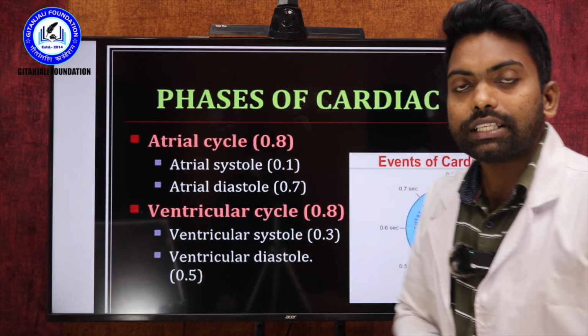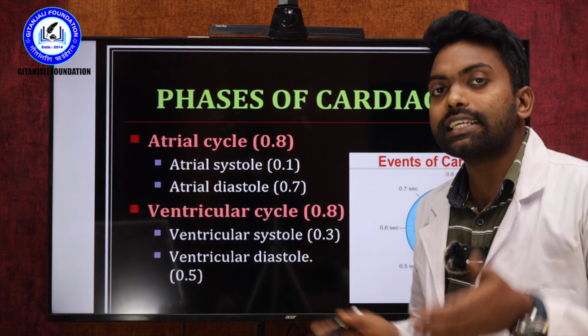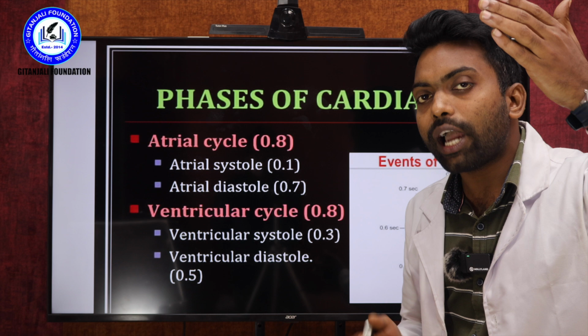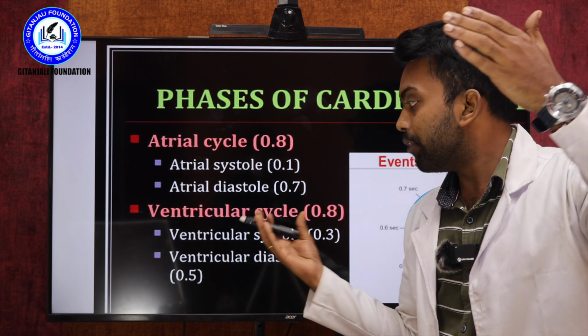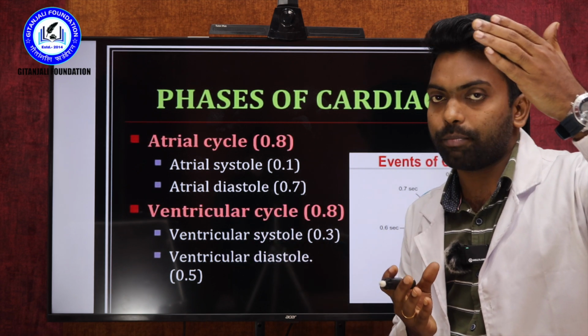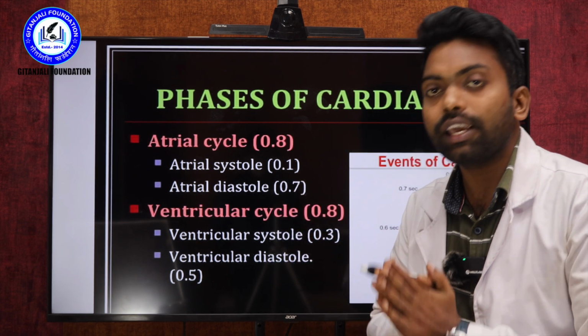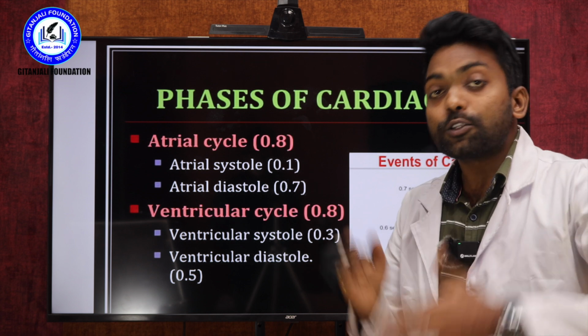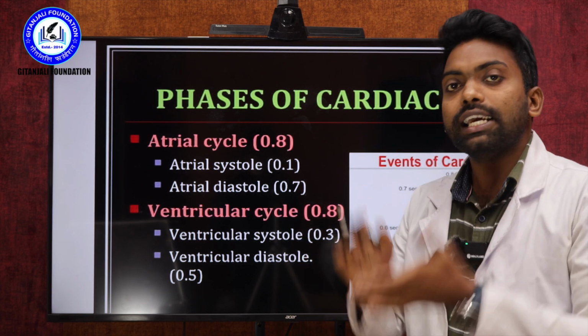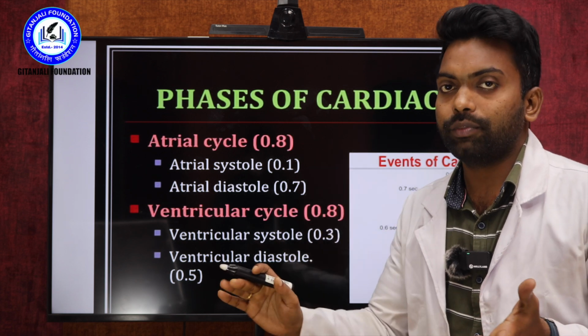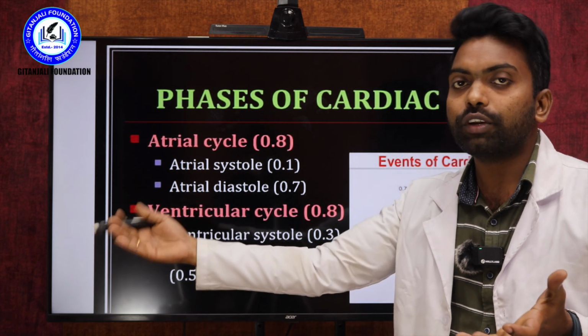You must understand, my dear students, it is a simultaneous process. When atrial systole and diastole happen, at the same time ventricle systole and diastole also happen. The complete cardiac cycle takes 0.8 second. Within 0.8 second, the pumping of blood within the heart happens, and then cardiac output happens.